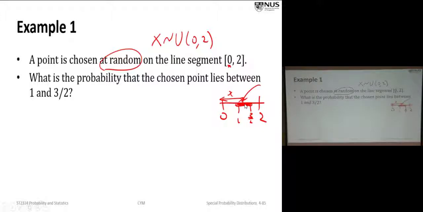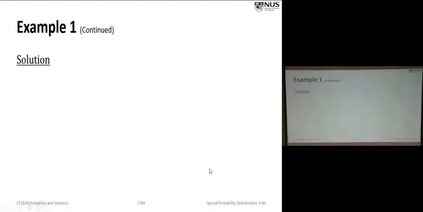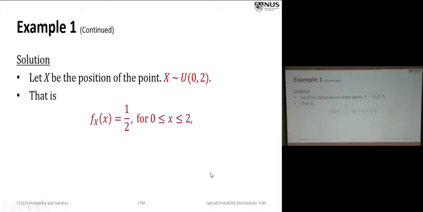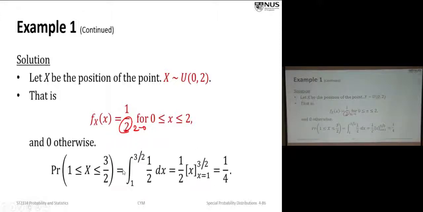So what's the probability that x falls within this region? We have to do the integration. Here b minus a is 2, so we do the integration, and after we complete it, it's 1/4.